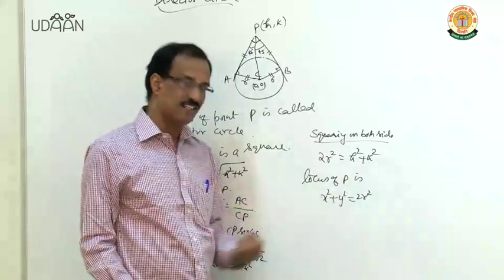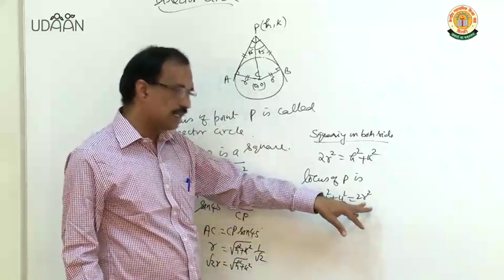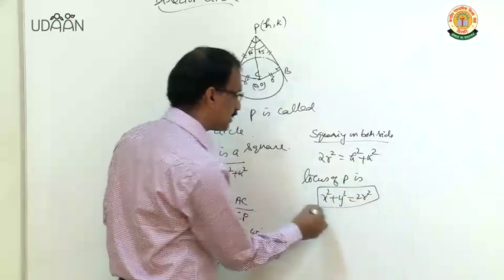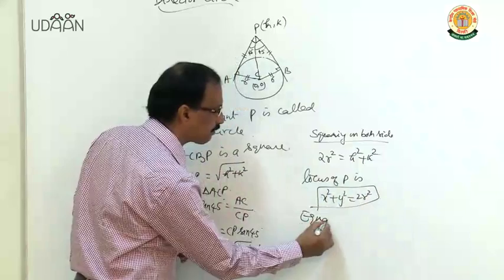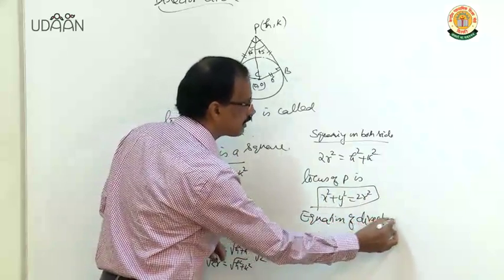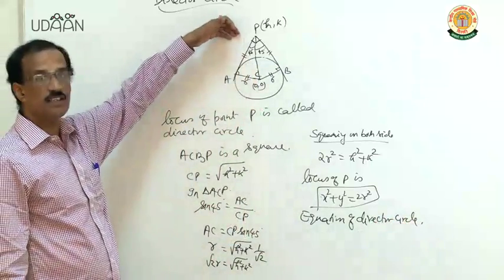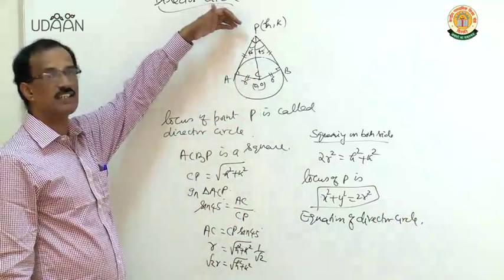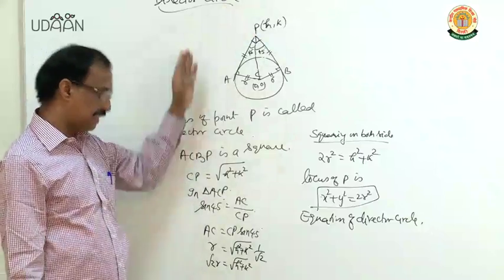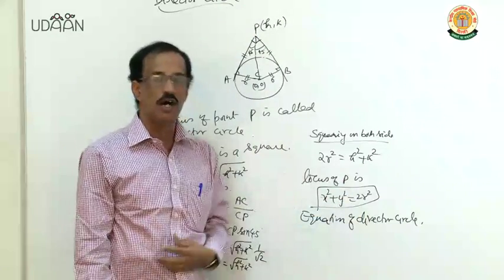It is a director circle with center at the origin and radius root 2 r. So this is the equation of the director circle. The director circle means, first of all, the tangents drawn from the external point must have an angle of 90 degrees between them, and then the equation is x square plus y square equals 2r square.